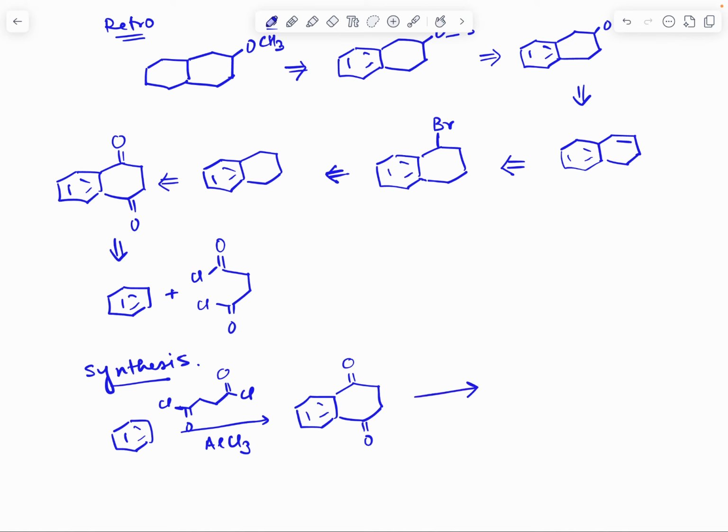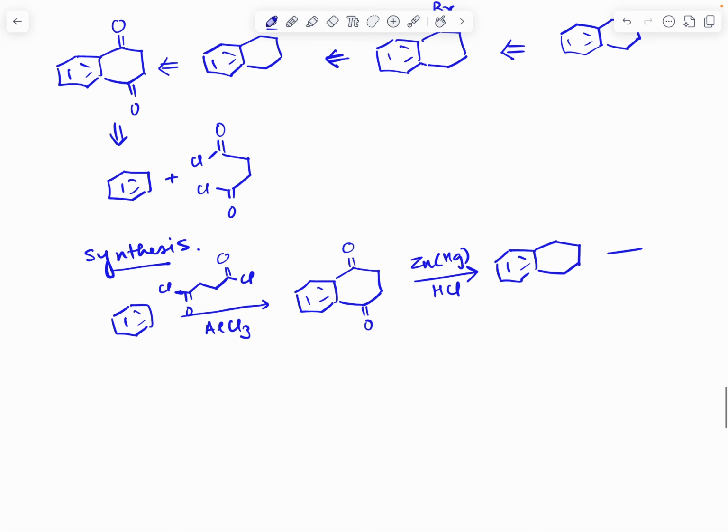Then I'm going to get rid of both of these using the Clemmensen reduction, zinc, Hg, HCl, and that would give me this. Then I'm going to go ahead and brominate this position. So NBS is a good reagent to use.